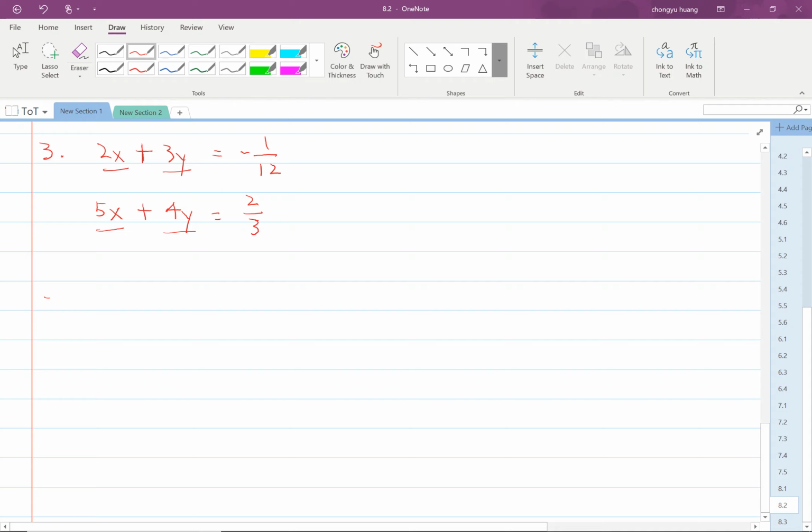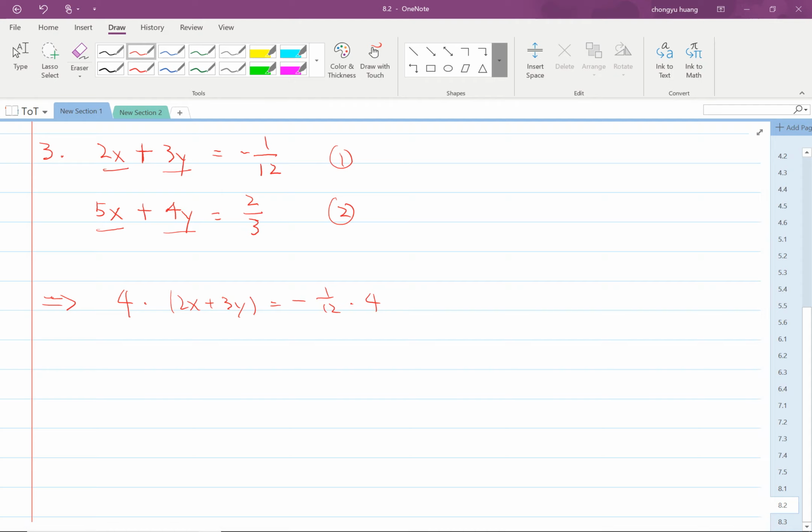The thing we have to do is multiply both sides of equation 1 by 4. Negative 12 multiplied by 4, and then we simplify it.